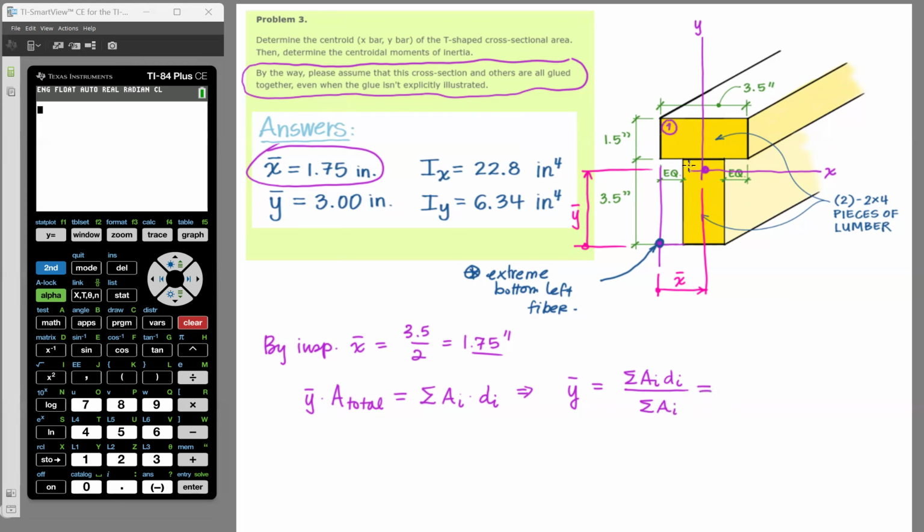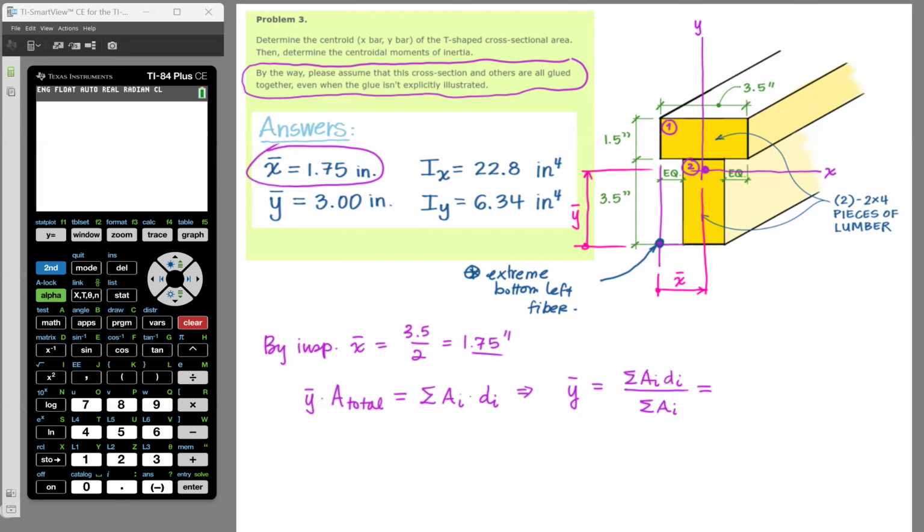Okay, so we go into our cross section. I have area 1 and area 2. And area 1 equals area 2. All these are made with the same cross section, just gluing them together. It's a 2x4 piece of lumber, but even though this is how we call the piece of lumber 2 inches by 4 inches, the actual dimensions are a little bit less. So 1.5 by 3.5.